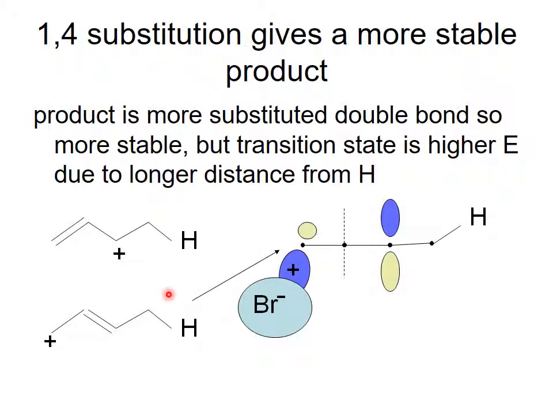But when the bromide waits and doesn't dive into this carbon right away but travels all the way down here, you get a more substituted double bond. And although the transition state is higher because the bromide has to actually move away from positive charge to come down here, the product is more stable because it's more conjugated, more substituted.